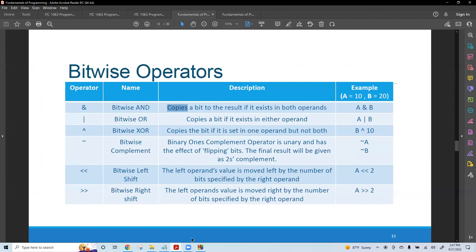That means it is true. So the meaning of this is it is true if both operands are true. Then only it copies a bit to the result. That means the result is 1.